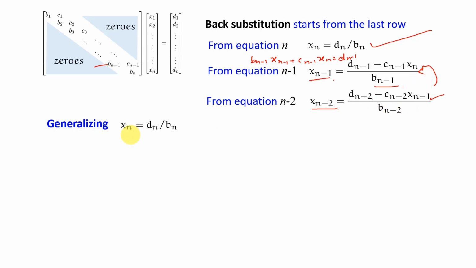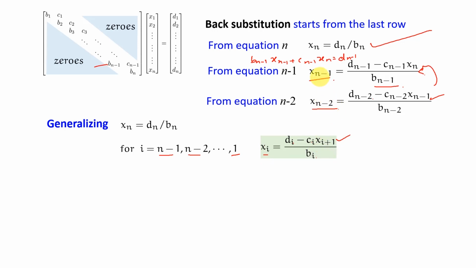So now we can generalize. First I have to get xn as dn by bn, and then I go from n minus 1, n minus 2, all the way up to 1. This is our back substitution, and my xi is di minus ci xi plus 1, divided by bi.